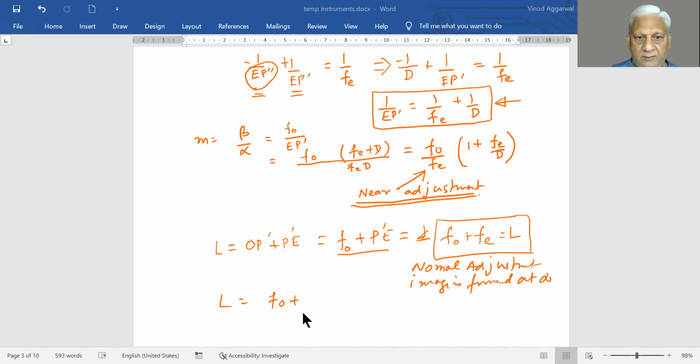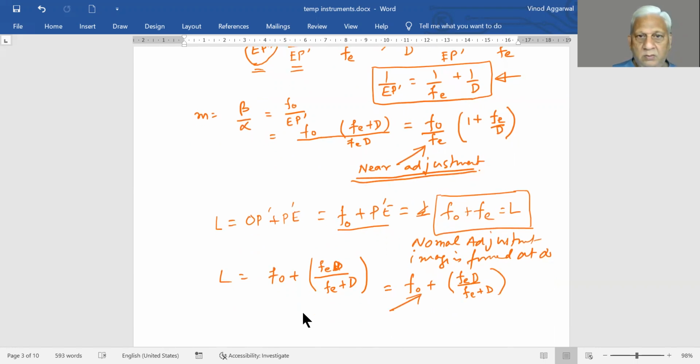What we get is capital D, or this is for this one, near point adjustment.